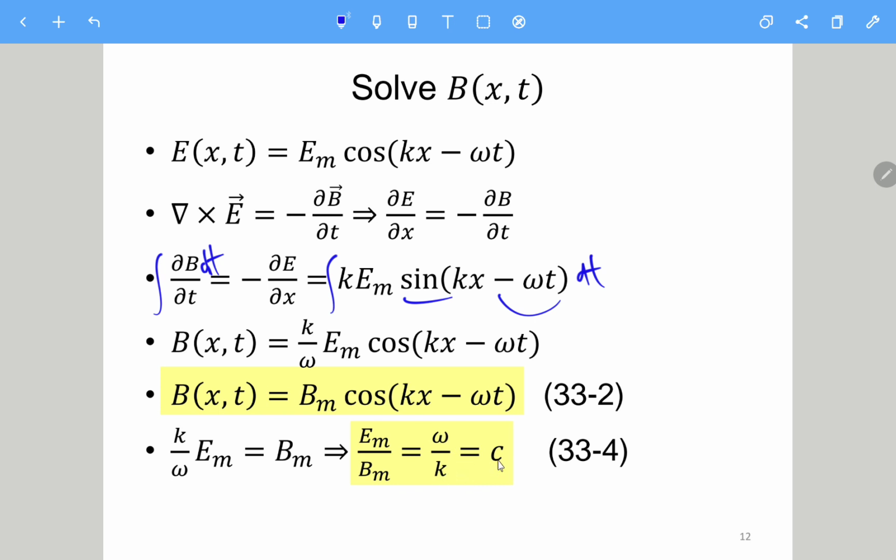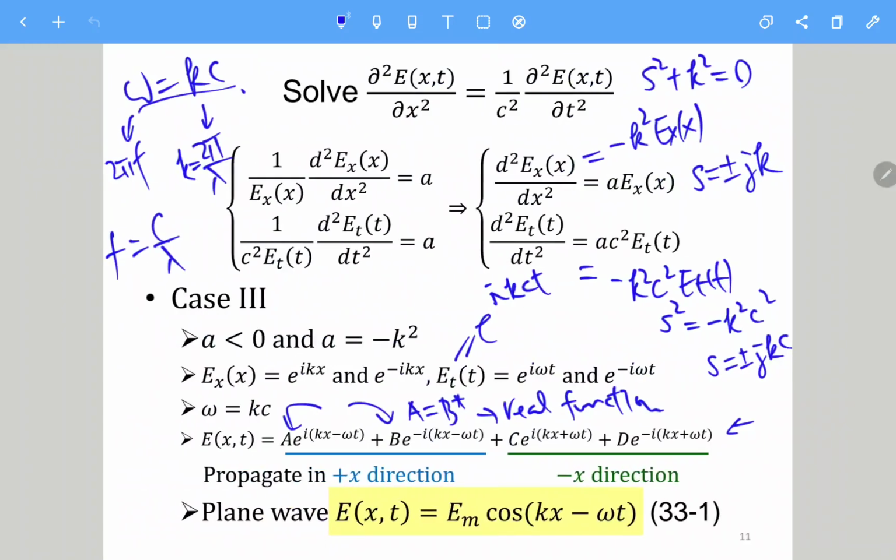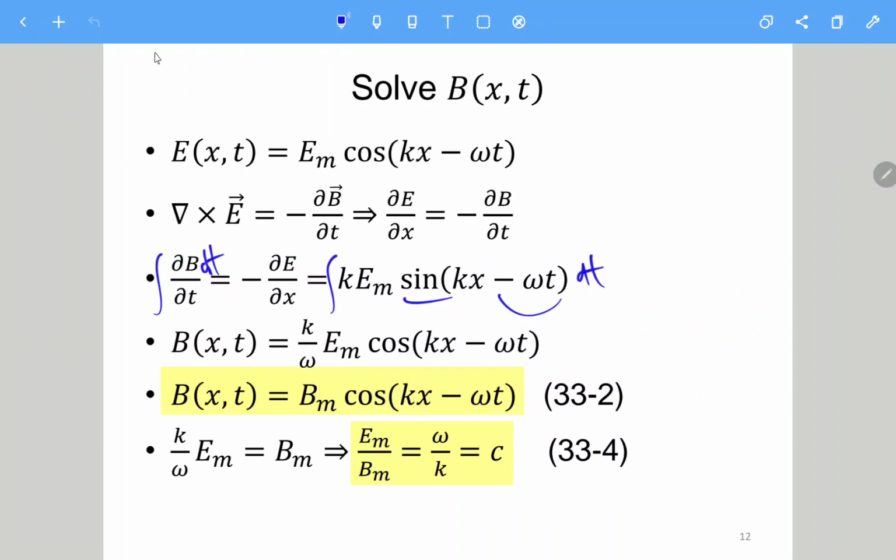Omega over k is actually c, if you still remember: omega equals kc. So we also get expression 33.2 for the B field, and also 33.4, which is the amplitude ratio of the E field and B field in the EM wave, which is always a constant c.